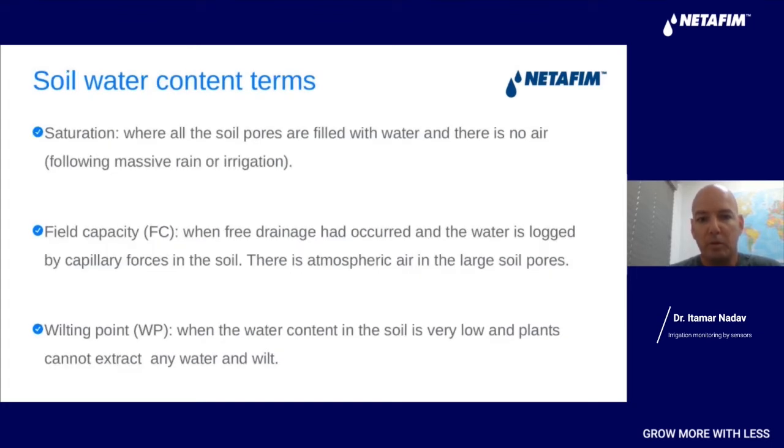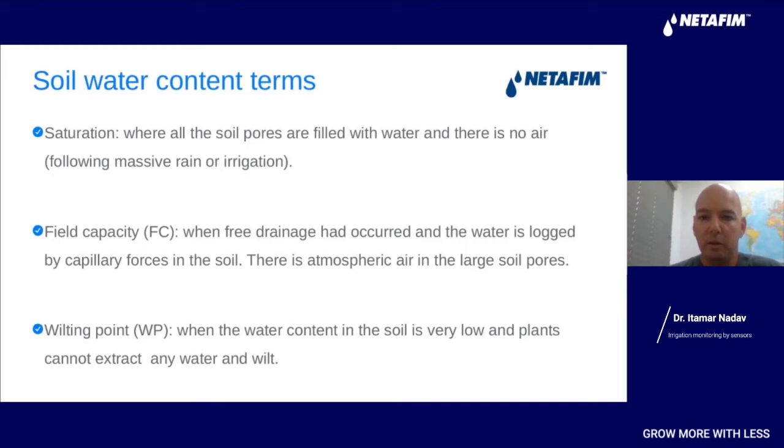Now let's talk about some soil water content terms before we jump into the soil sensors offering that we have. So we have three types of water contents which are very important for us to know. The first one is saturation. Saturation is when all the soil pores are filled with water and there is no air.